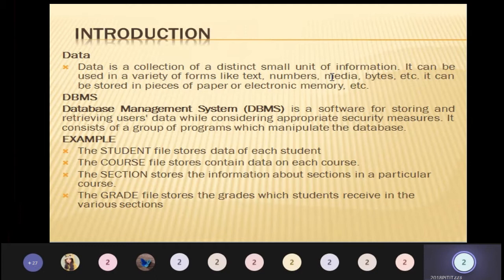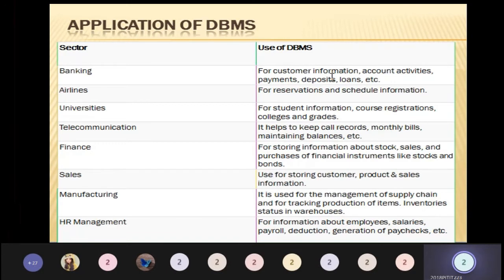The typical application areas of the DBMS are banking, financial services, airlines, universities, telecommunications, finance, sales, manufacturing, HR management, transport, tourism, production engineering, computerized library systems, automated teller machines, and computerized parts inventory systems.